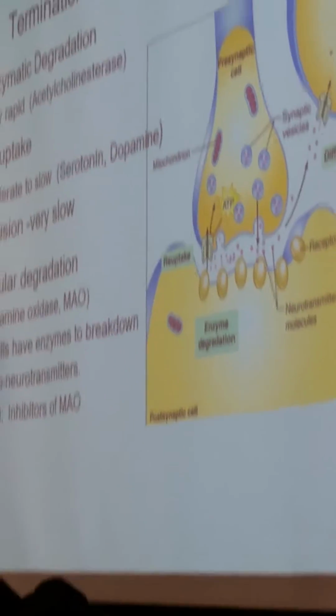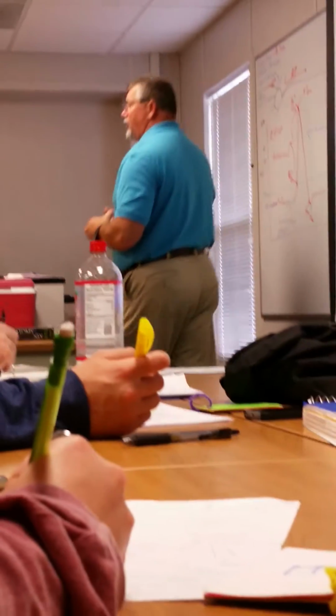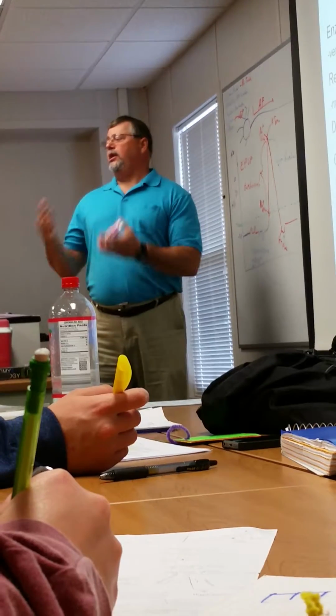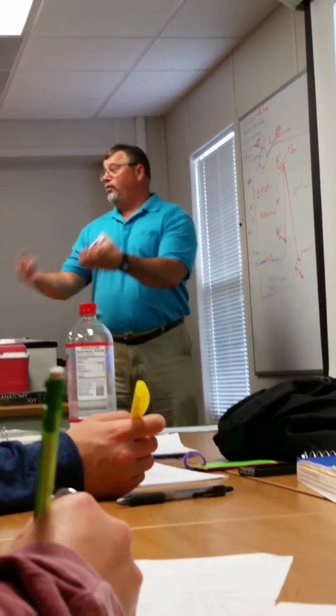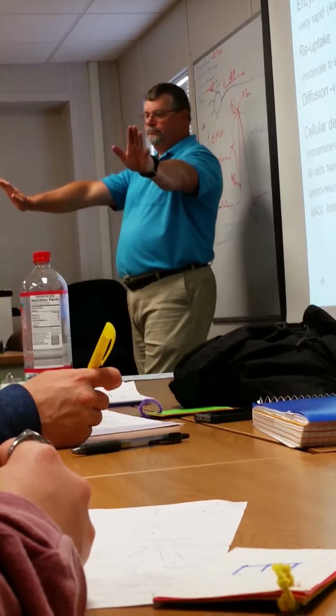Okay? So there are chemicals that can block the reuptake. For example, one of the neurotransmitters that gets reuptaken is serotonin, and there are selective serotonin reuptake inhibitors. So serotonin is released, reuptake is blocked.